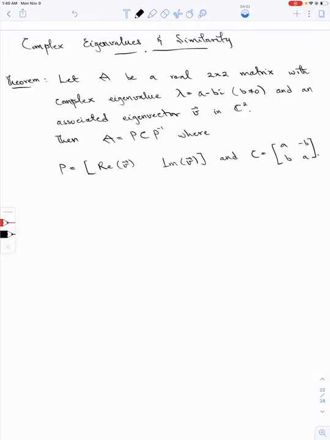And we have this theorem to help us see what it's going to look like.